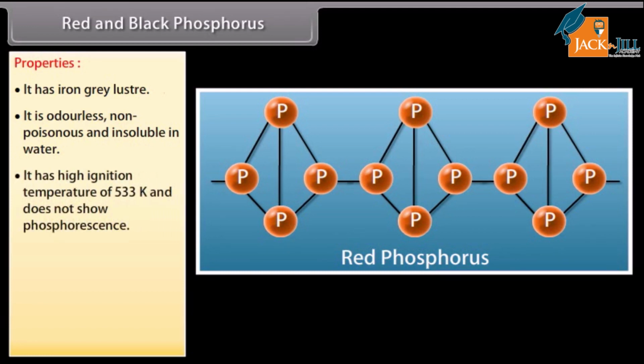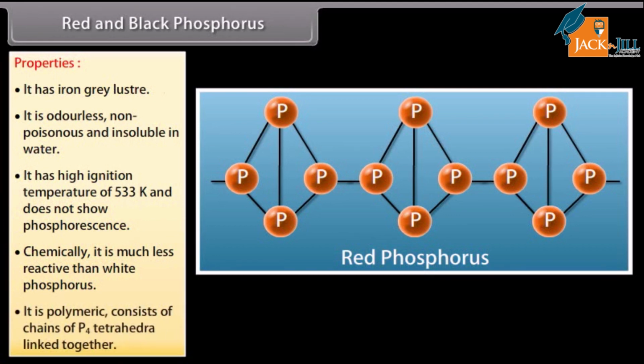It has high ignition temperature of 533 Kelvin and does not show phosphorescence. Chemically, it is much less reactive than white phosphorus. It is polymeric, consists of chains of P4 tetrahedra linked together.